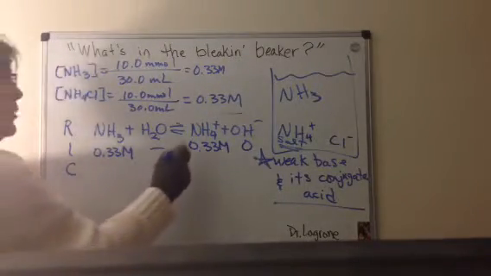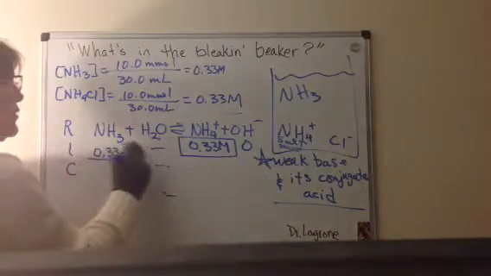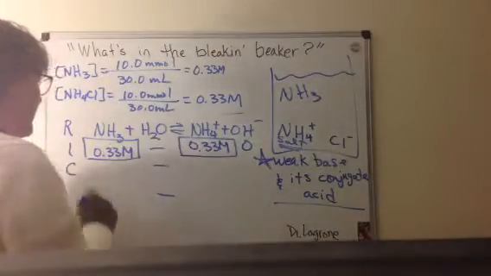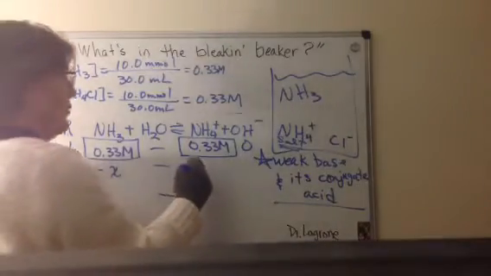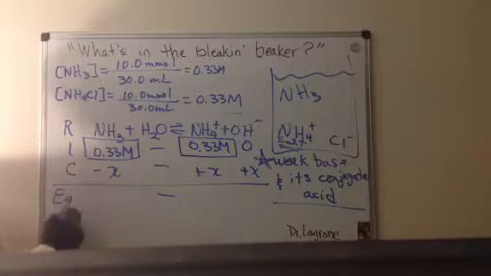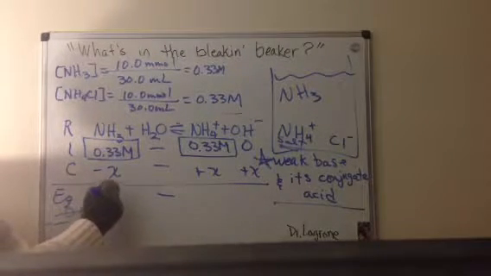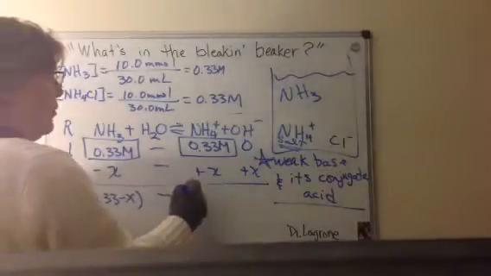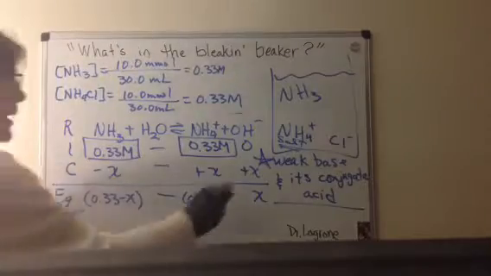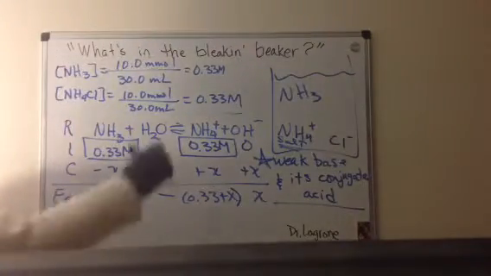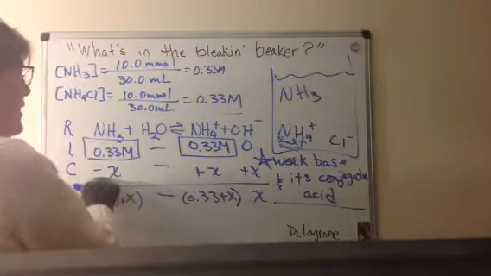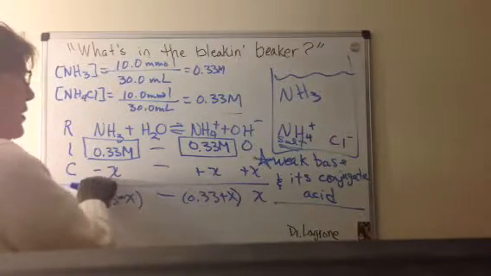So in a common ion problem, what you need to watch out for is you're going to have initial amounts of both this and its conjugate. Change, some reacts, form some, and so at equilibrium, you have 0.33 minus X, you have 0.33 plus X, and you have X. And the nice thing about common ion problems is when you have the presence of the common ion initially, it retards this dissociation, this ionization.